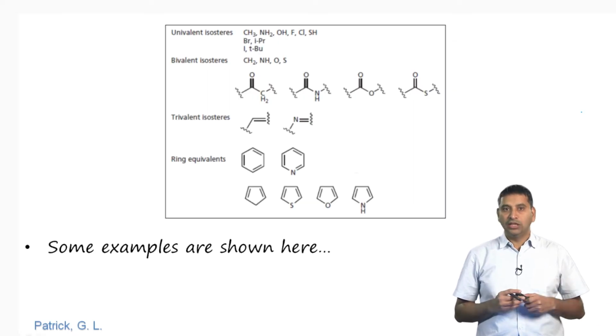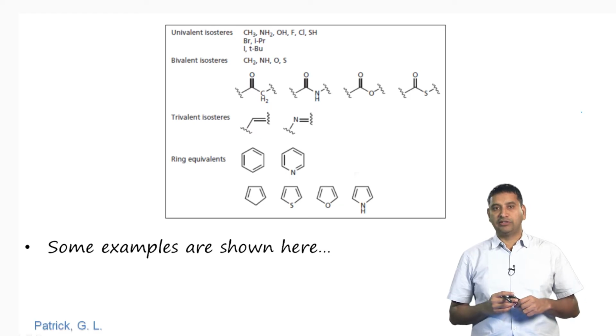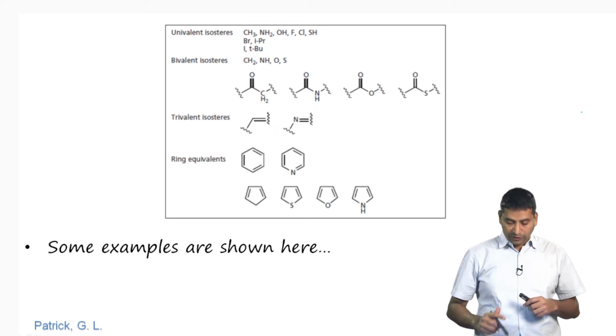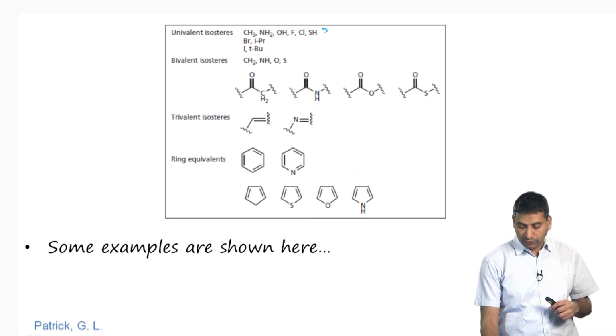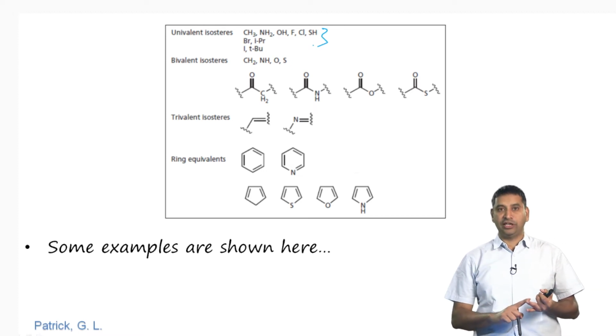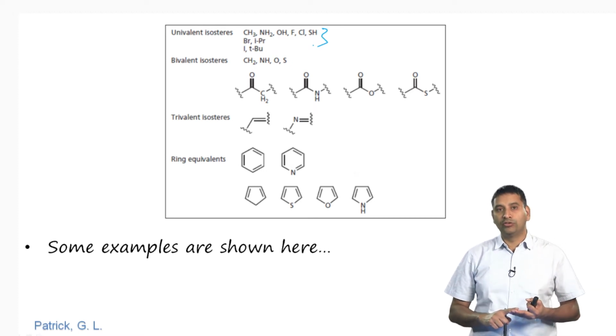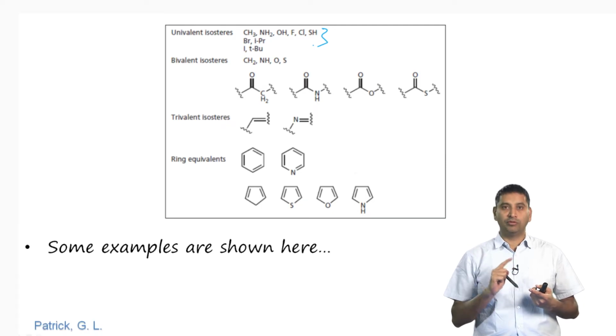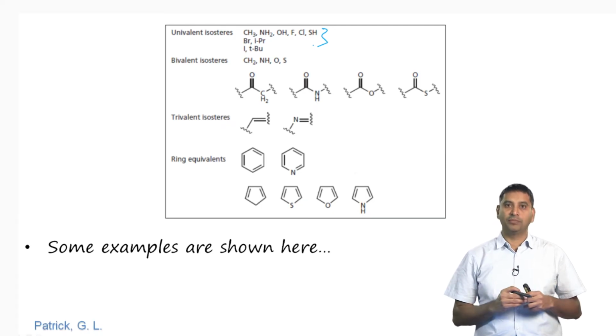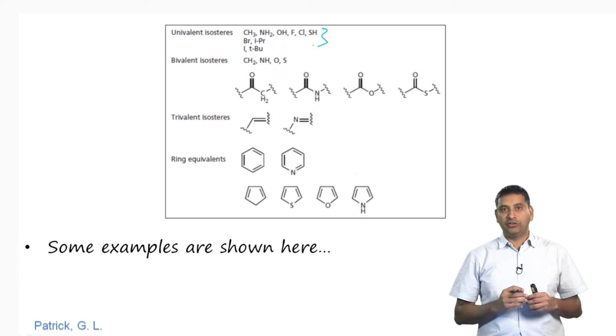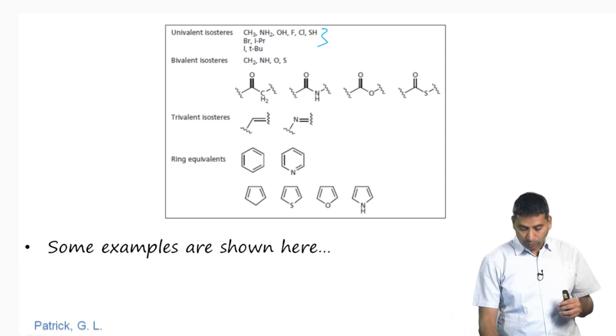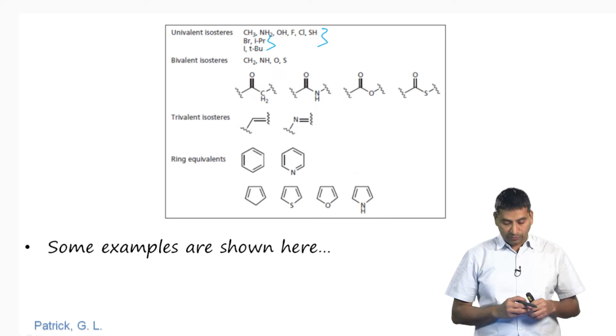In this figure, we have some examples of isosteres. We have already looked at some of the univalent isosteres, that is CH3, NH2, OH. You can also replace the group with a fluorine, chlorine or even a thiol and other halogens such as Br. You can replace a methyl group with isopropyl or a tertiary butyl, for example.